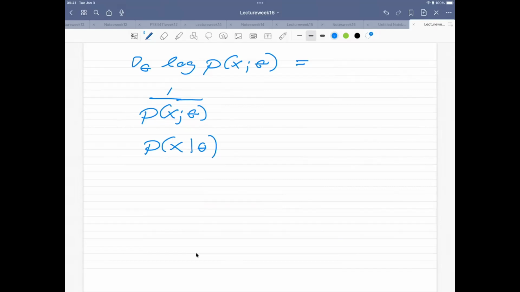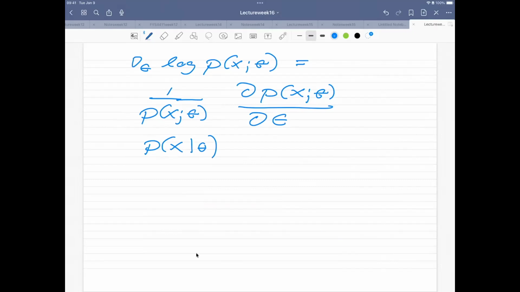You see that we can rewrite this as the derivative of P of x given theta with respect to theta, at a specific value of theta. That quantity is interesting because it measures a relative sensitivity to the value of P. And if P is very large, then clearly this quantity will be small.